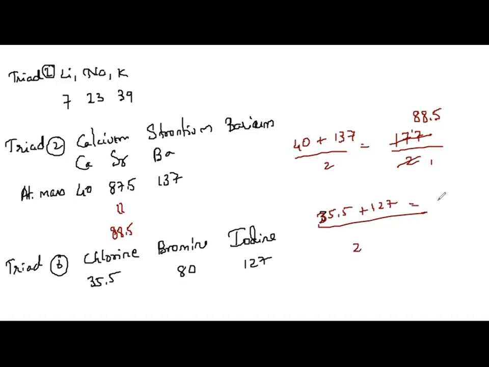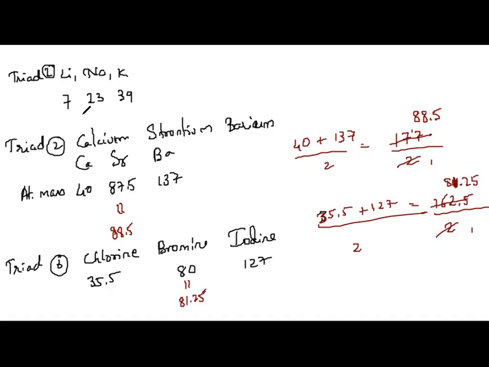It comes out to 162.5 by 2. 2 eights are 16, 2 ones are 2, put a point, 2 twos are 4, 1 remains, 2 fives are 10. So it comes around 81.25. Nearly 80. Yes.